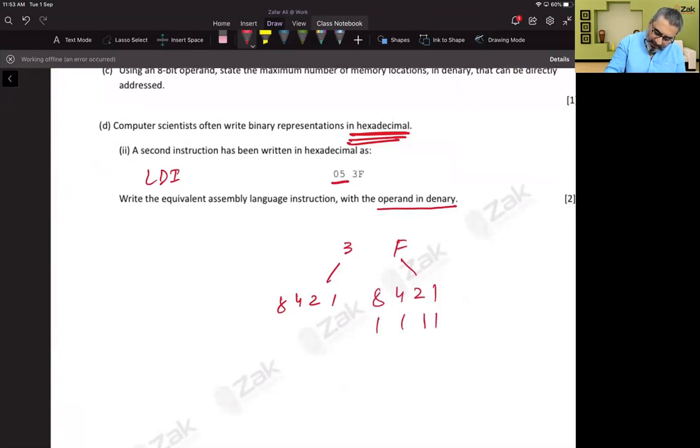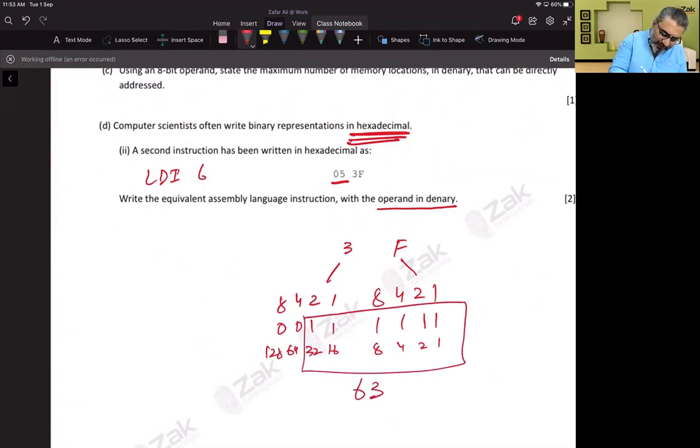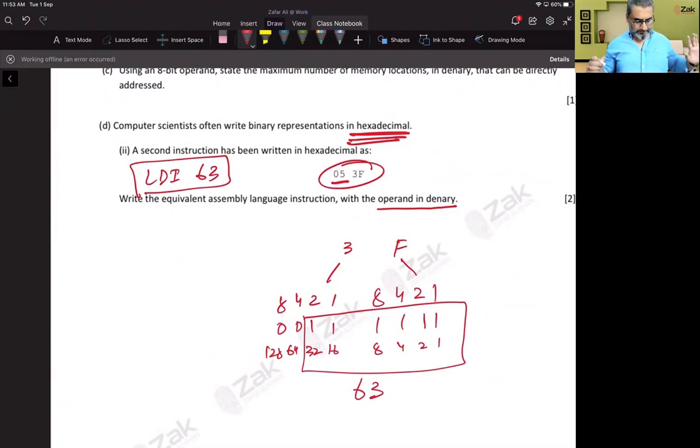So F is 15, and this is 3. So this is 1, 2, 4, 8, 16, 32, 64, 128. So this is actually 63. So this is LDI 63. This is the instruction that we have. This is hex of it, and this is the ordinary instruction.